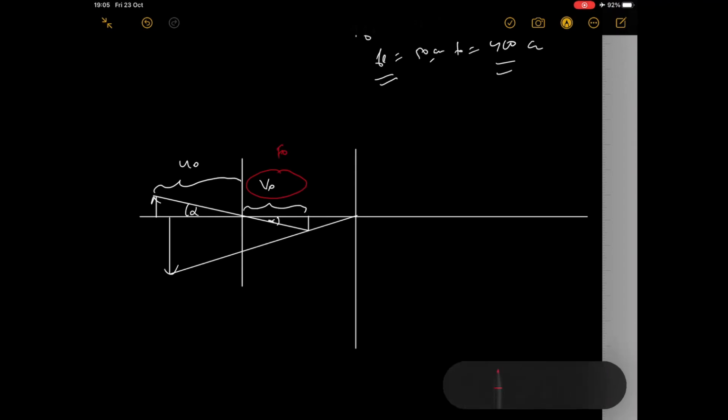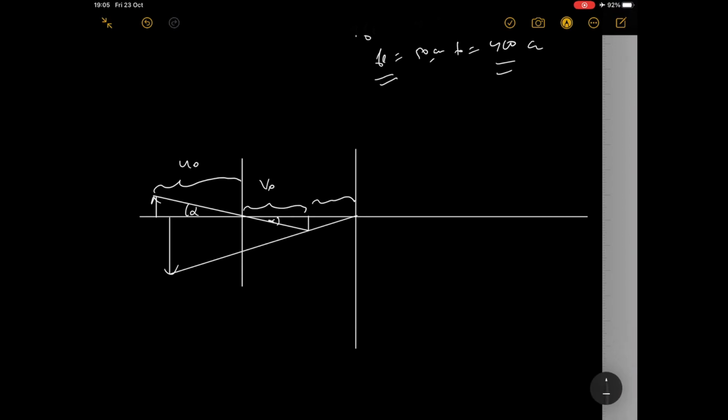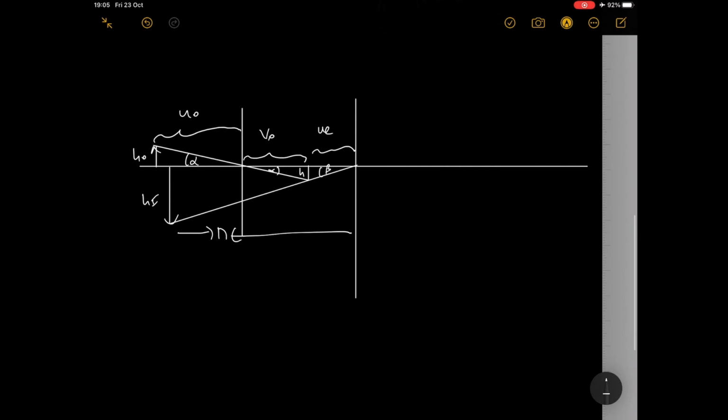But here, because the object distance is finite, the image is formed at VO, and this one is UE, and this distance is D. This is VE, and this is beta, and this is the height of the object, and this is the intermediate image H. So they have asked us to find the magnification and the separation of the lenses. So let's see the separation. VO plus UE is the separation.